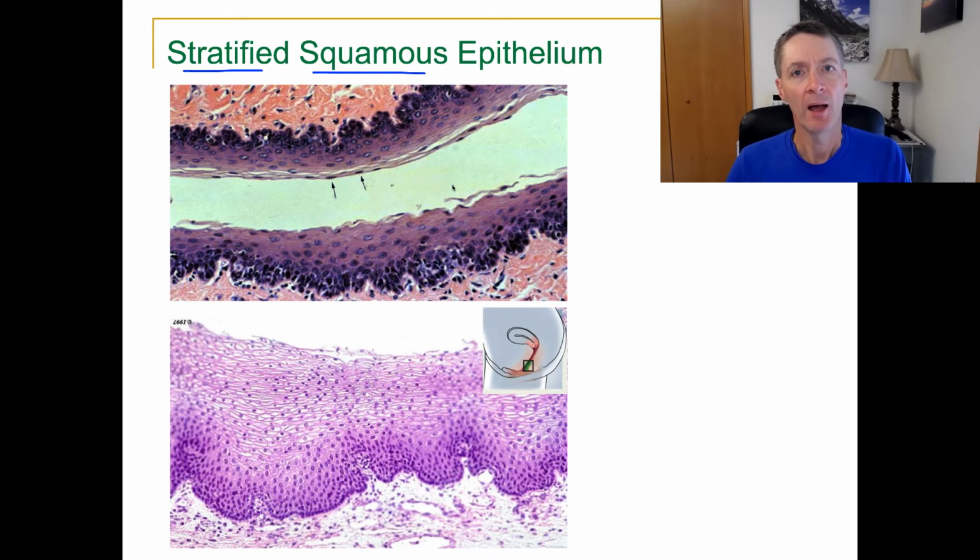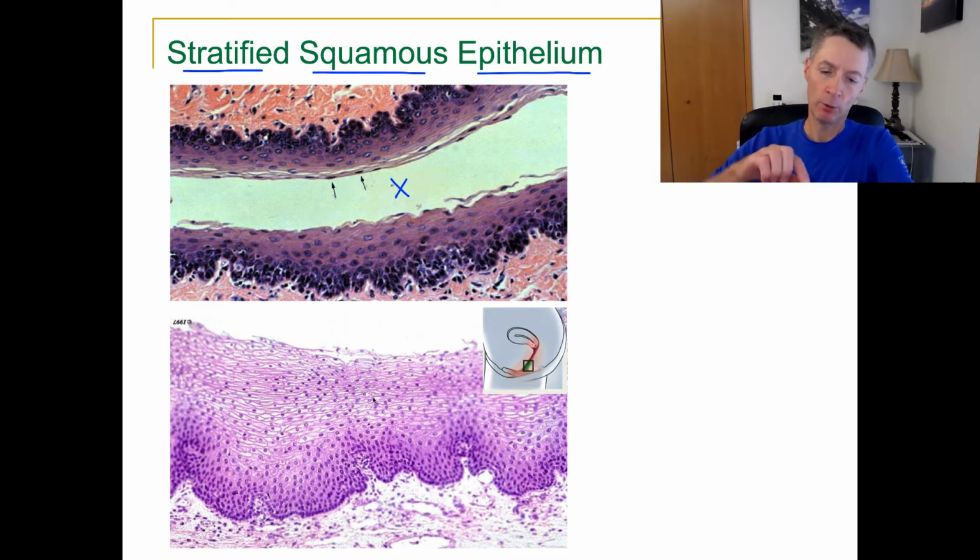Well, if it's an epithelial type, I'm looking for space because I know it's a surface. For example, if I were to take a slice through my arm, right?